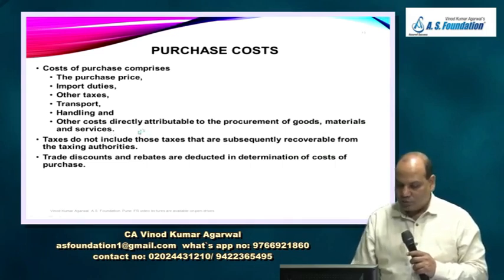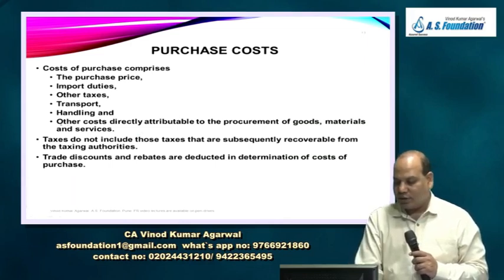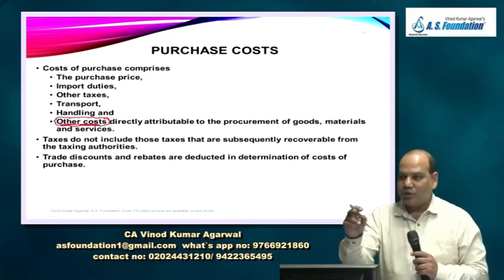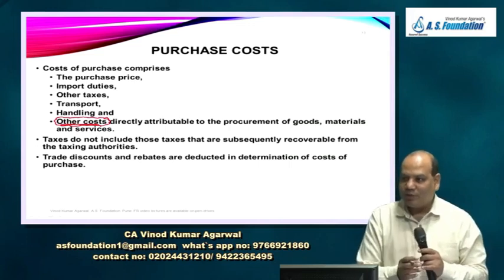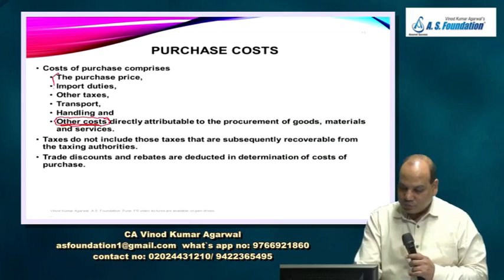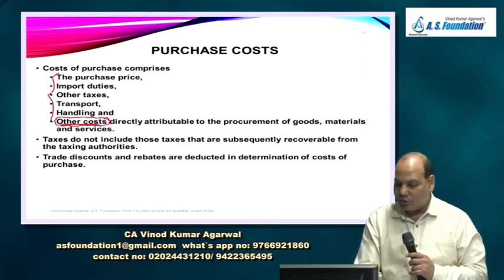Any other cost means, for example, you may take the help of a consultant as to which item you need to buy. That you can add. Some of your employee may travel to do the inspection of the inventory and select the inventory. That also we can add. Okay. Because these are the costs directly attributable.